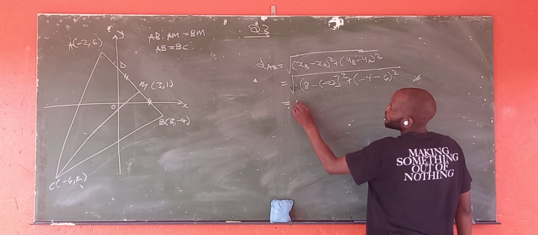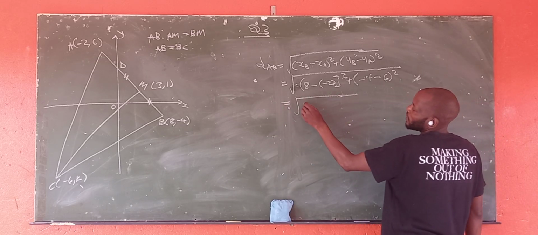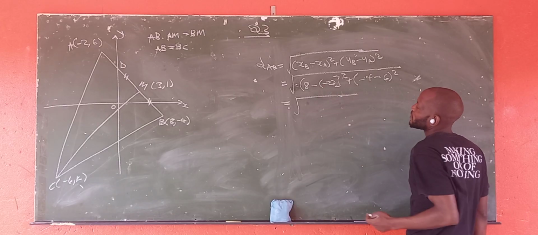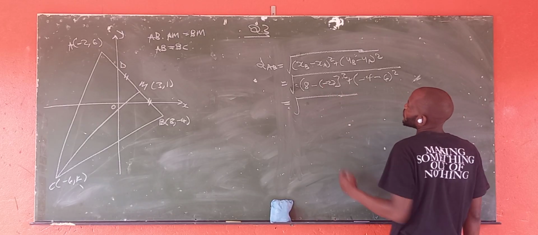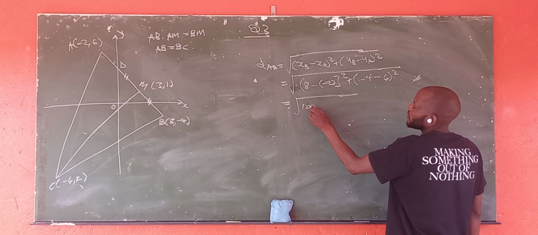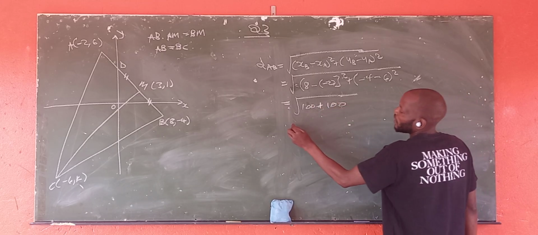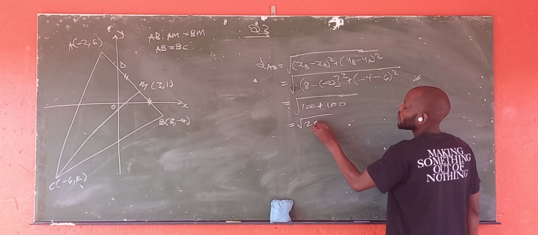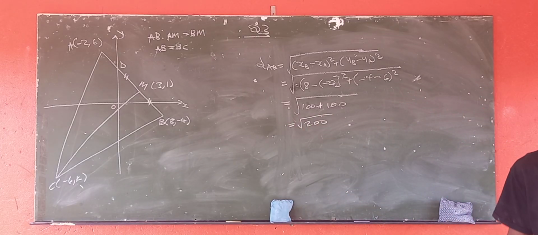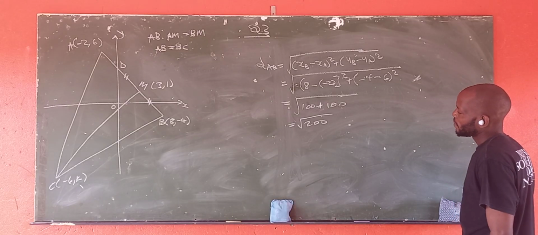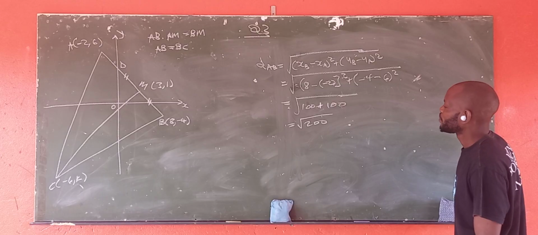So negative by negative is positive, that would be 10 squared is 100, plus minus 10 squared is also 100. This would be the square root of 200.